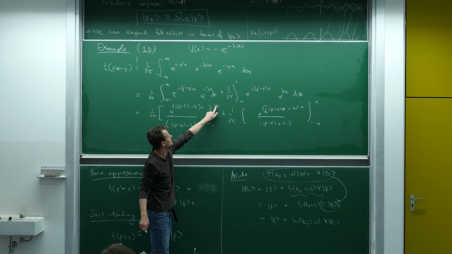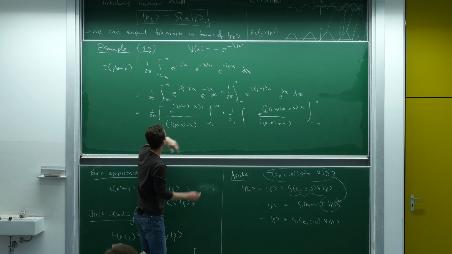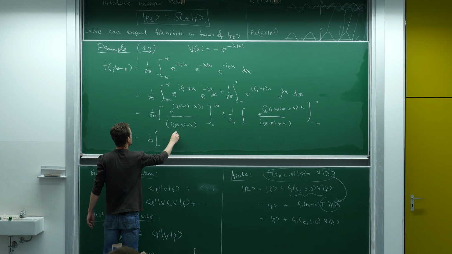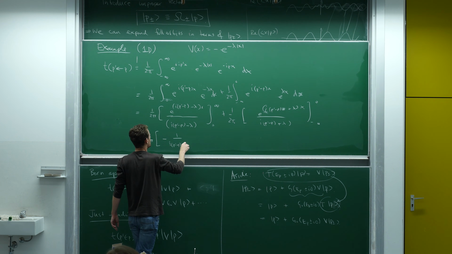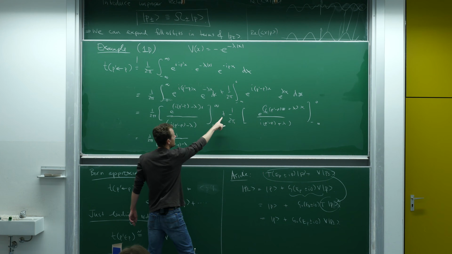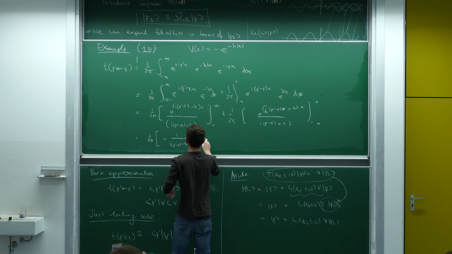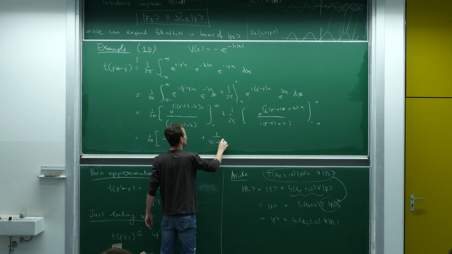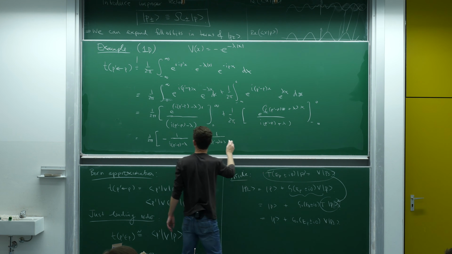So when x is infinity, this is 0. When x is 0, this is just minus 1 on i(p prime minus p minus lambda). And then when x is 0, this is just 1 on i(p prime minus p plus lambda). And when x is minus infinity, this vanishes to 0.